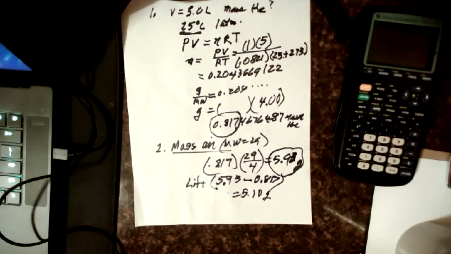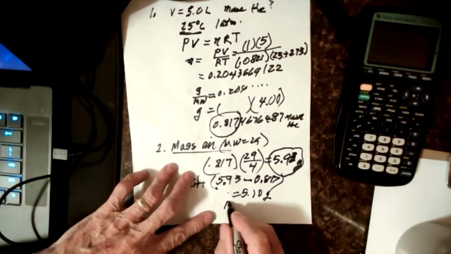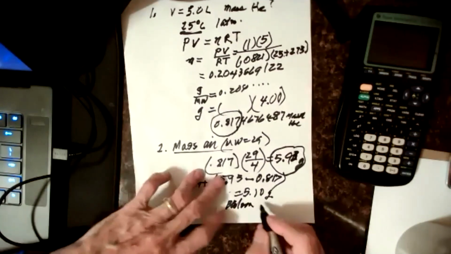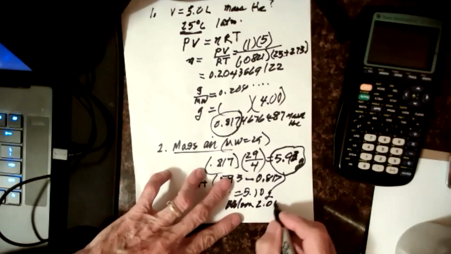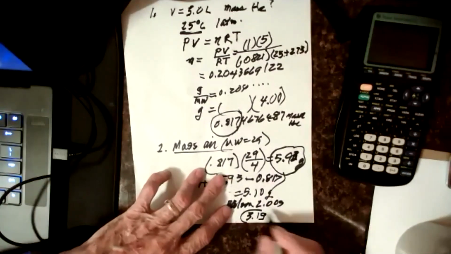If I really wanted to make this a practical problem, and say the balloon weighed 2 grams, I just made this up, 2 grams, then the lift would be 3.1 grams.